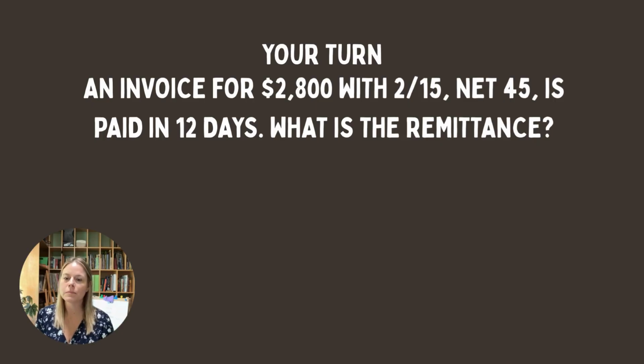What is the remittance? It's your turn. Remember, the term remittance means an exchange of goods. So whatever you're getting in exchange for the cost. So what are you paying for? What is the remittance?